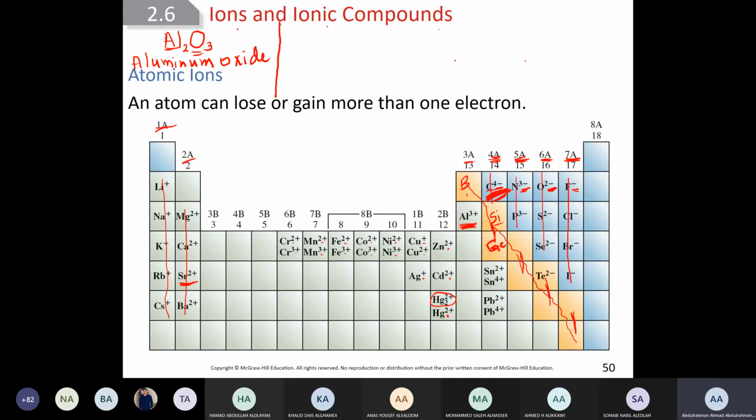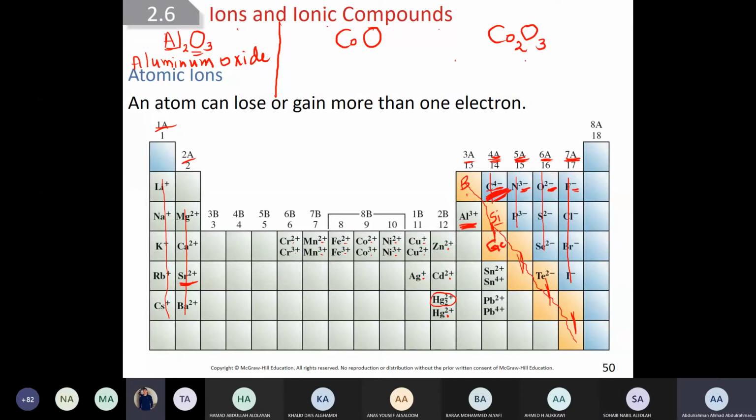But if I have something like cobalt and O, what should I put? It depends. I can have this one or this one. What should I write? 2 and 3.